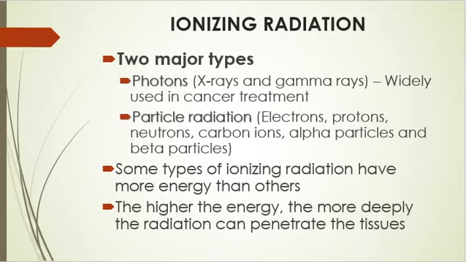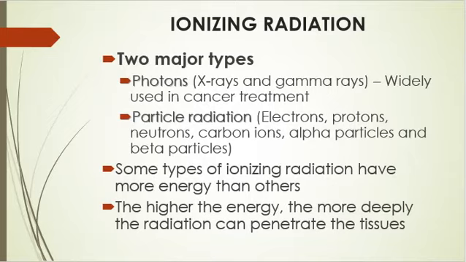X-rays are electromagnetic radiation, and this source of energy has no mass and no electric charge. The second type of photon comes from gamma rays, which are similar to X-rays and result from the decay of radioactive isotopes.